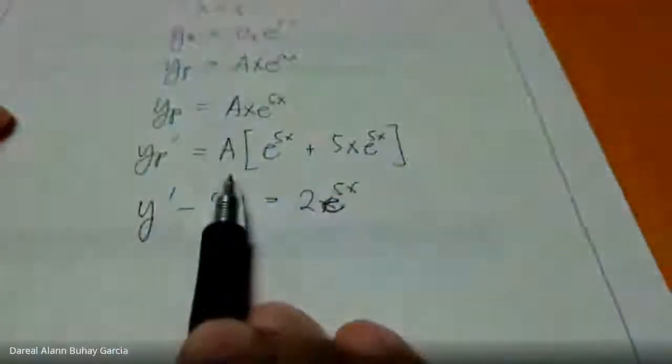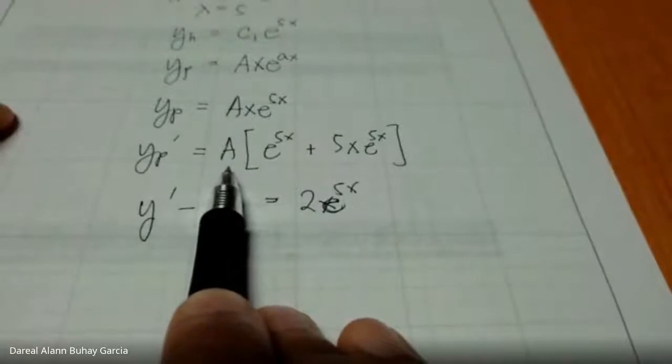Y prime, copy everything. Okay, is it better to distribute a? Let's try distributing. The y prime is a e to the power of 5x plus 5a x e to the power of 5x.